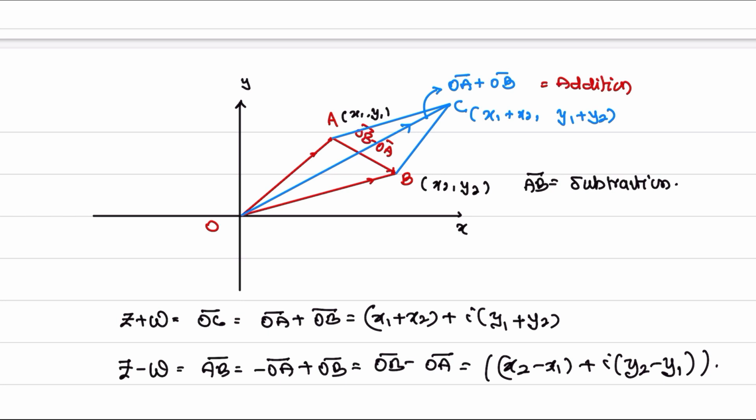Geometrically they are represented as in the figure, and literally these are the values mathematically. I think with this you might have understood addition and subtraction of the two vectors, and also of two complex numbers.